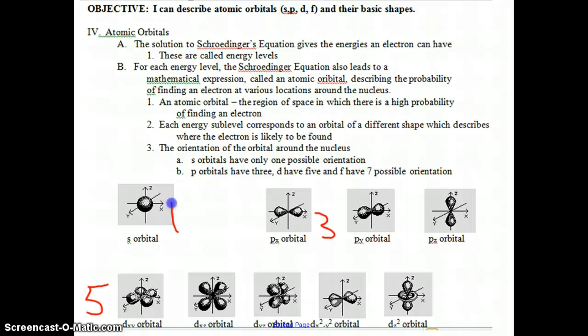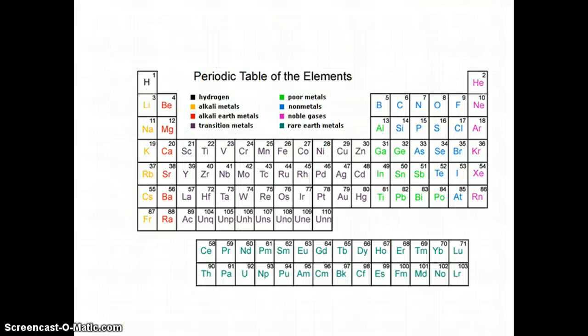And these are the probable locations of where the electrons can be found. And what we discovered is that your periodic table is set up perfectly in conjunction to Schrodinger's equations.